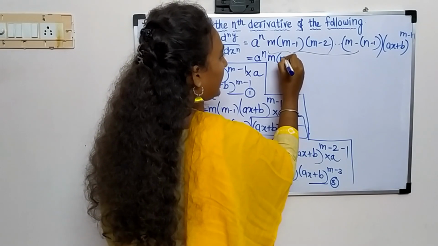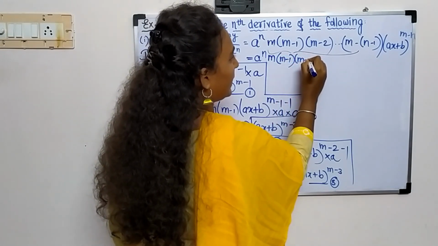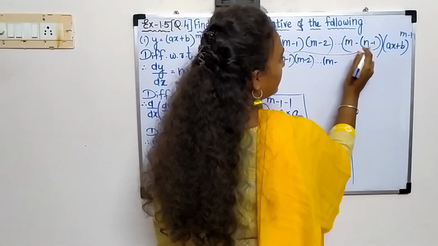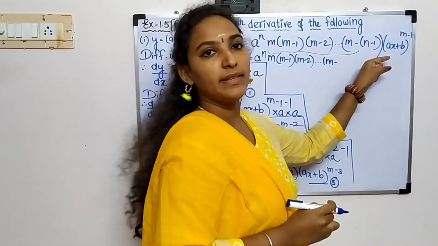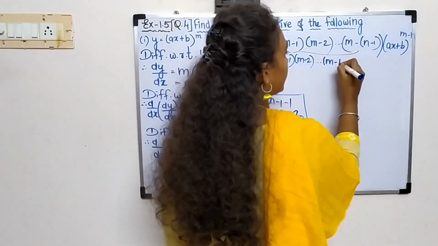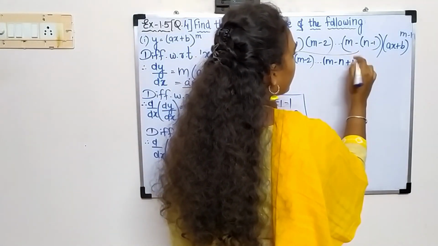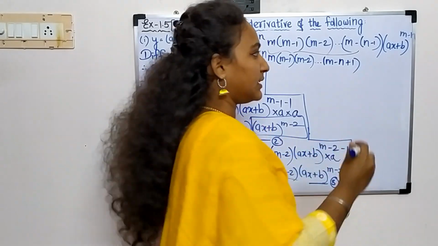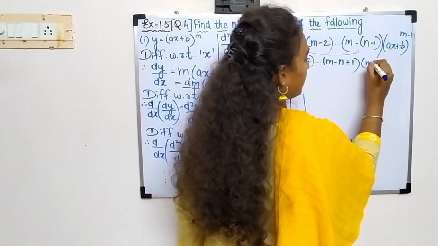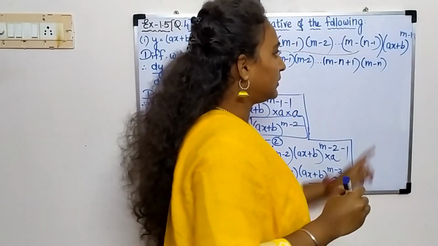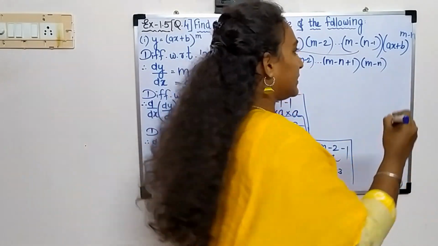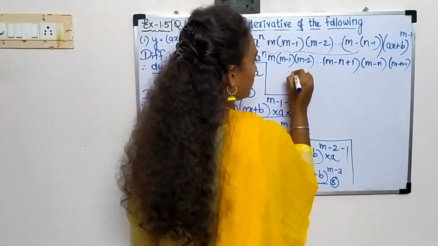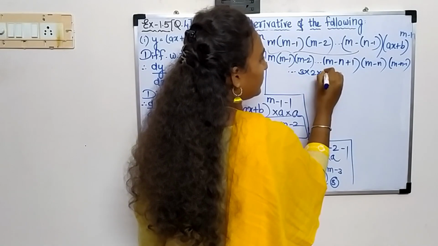M into m minus 1, m minus 2, m minus, multiply this minus inside. So m minus n plus 1. Since we are going in the decreasing order, the next number will be one number less than this. That is m minus n. The next number will be one number less than this. That is m minus n minus 1. So on up to 3, 2 and 1.